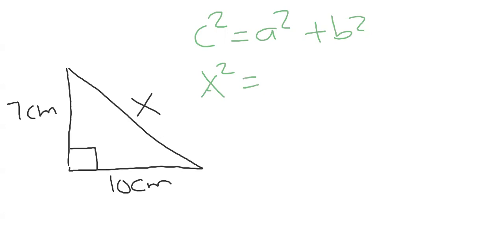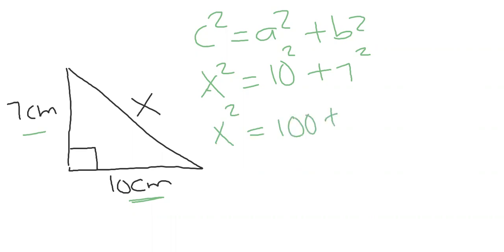The value of A is 10, so we substitute it there and square it. Then plus, what is the value of B? The value of B is 7, so we substitute it and get 7 squared. Then we simplify the equation. We get X squared is equal to 10 squared, which is 100, plus 7 squared, which is 49.